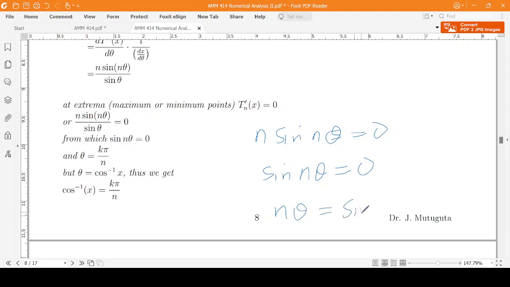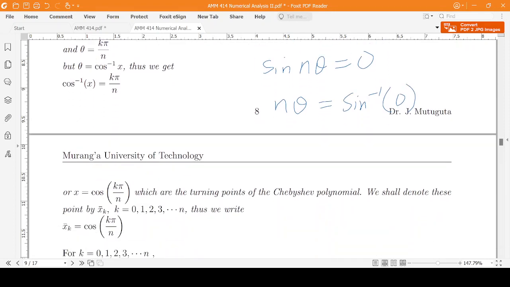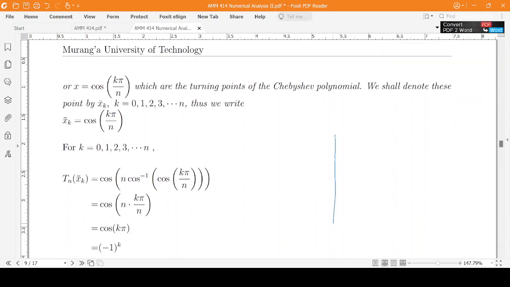So n theta is sine inverse of 0. And sine is 0 along the horizontal axis, so it's either here or here.